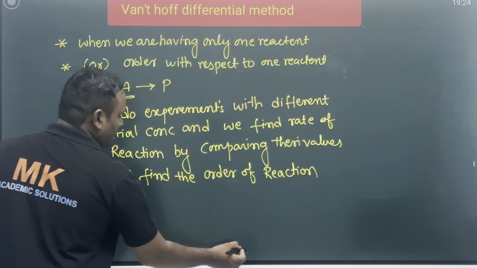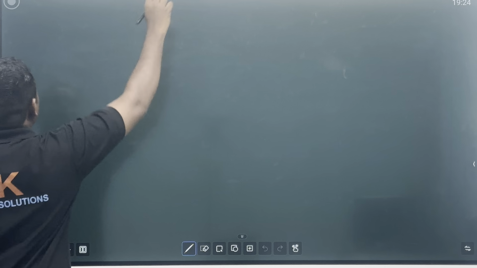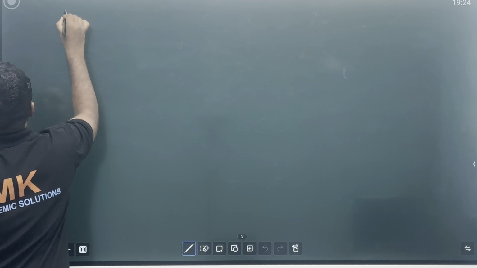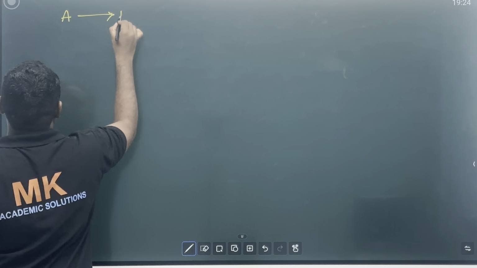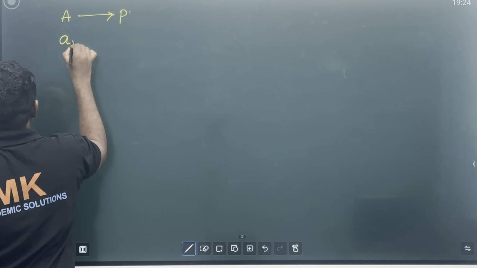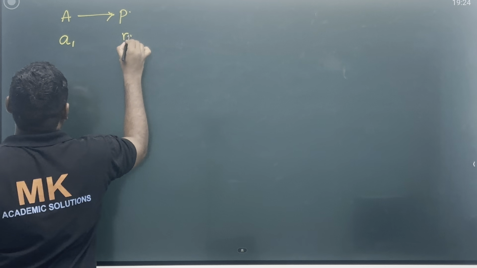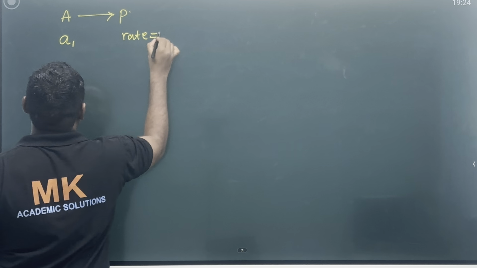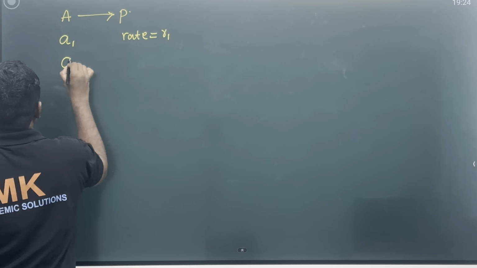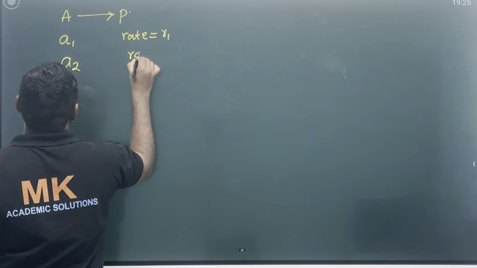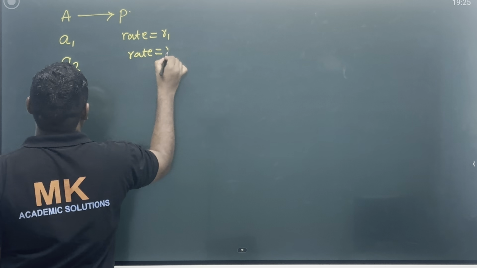See, for example, we are going to take A gives rise to product. So initial concentration is A1, here the rate is R1, and initial concentration is A2, here the rate is R2.